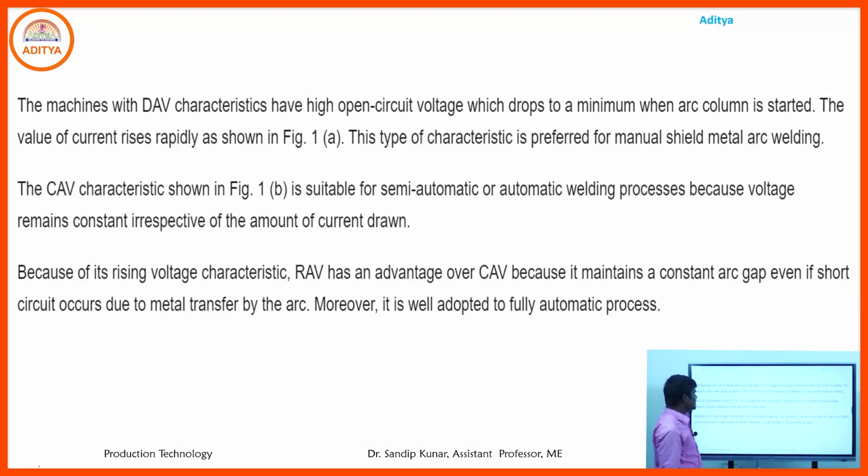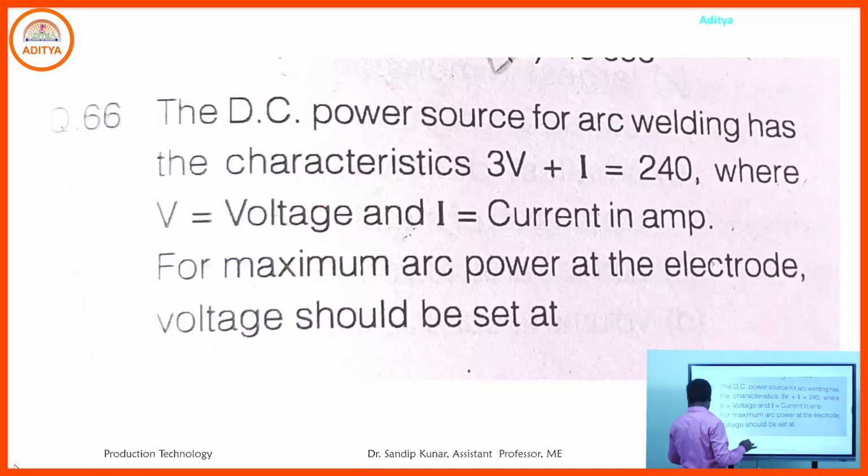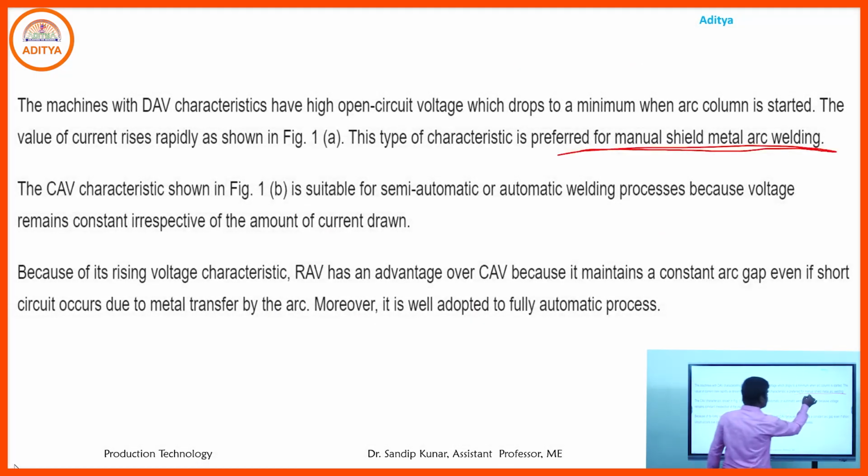The first voltage current characteristic is preferred for manual shielded metal arc welding.